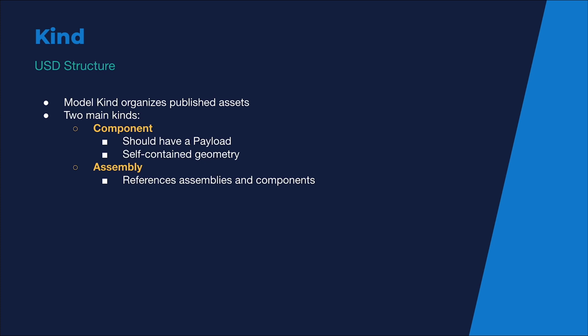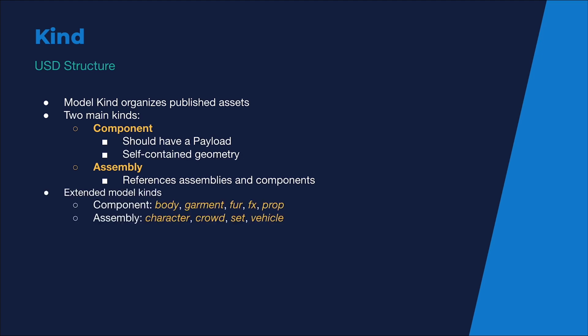Assemblies, on the other hand, were aggregate assets that aggregated and referenced together other published assemblies or published components. We extended the model kinds available to provide more options to describe our scenes richly, especially for departments like lighting. These were important distinctions so that they could filter their render layers as efficiently as possible.